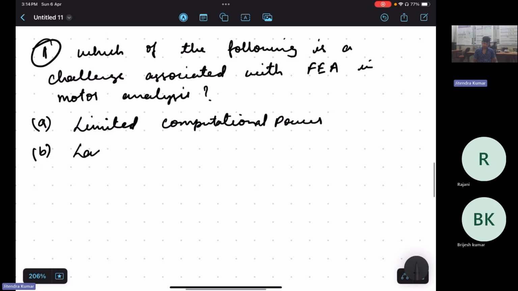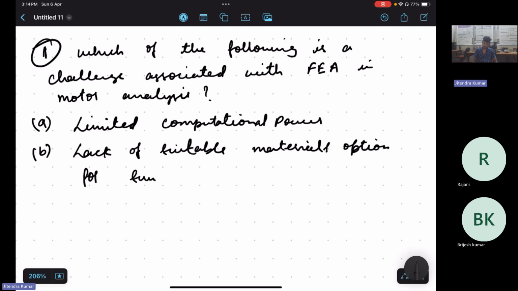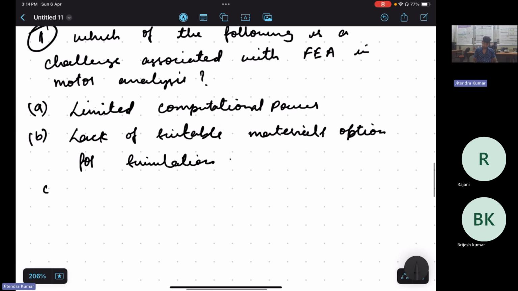Another is lack of stable materials for simulation. Third is inability to simulate mechanical stress.